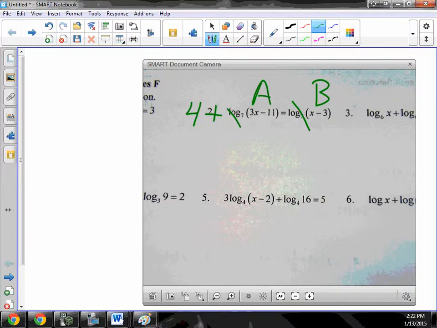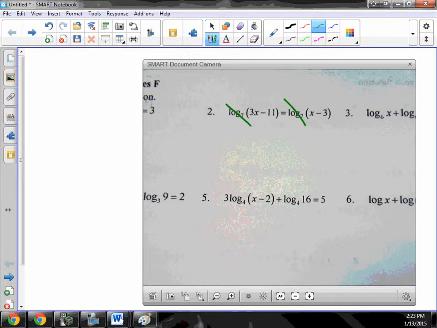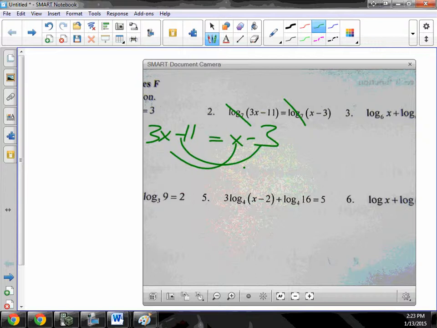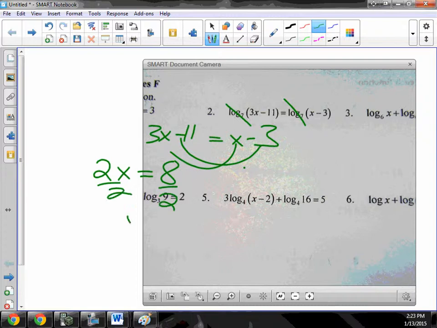If it was 4 plus, then you'd have to subtract this one over, and then you'd have to do a quotient rule, and then you'd have to convert. So this one is set up in such an easy way that we can cross those out, and we get 3x minus 11 is x minus 3, and we add 11 and subtract x. 2x equals 8, divide by 2, x is 4.